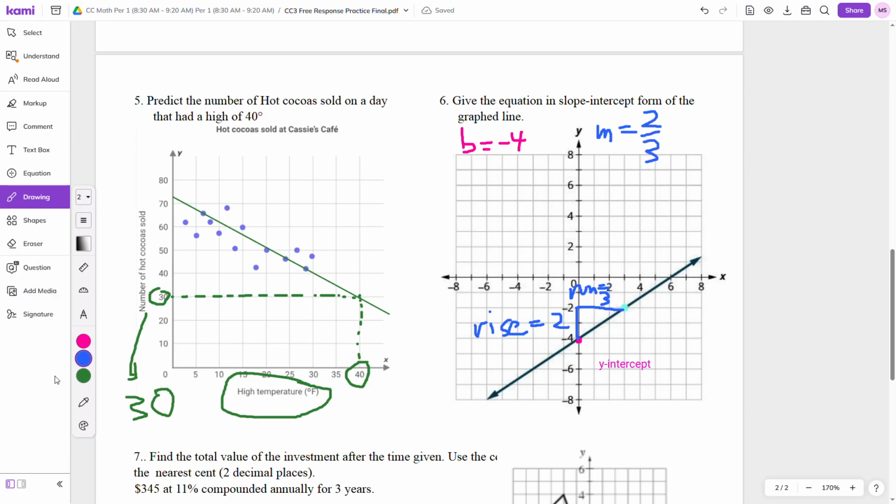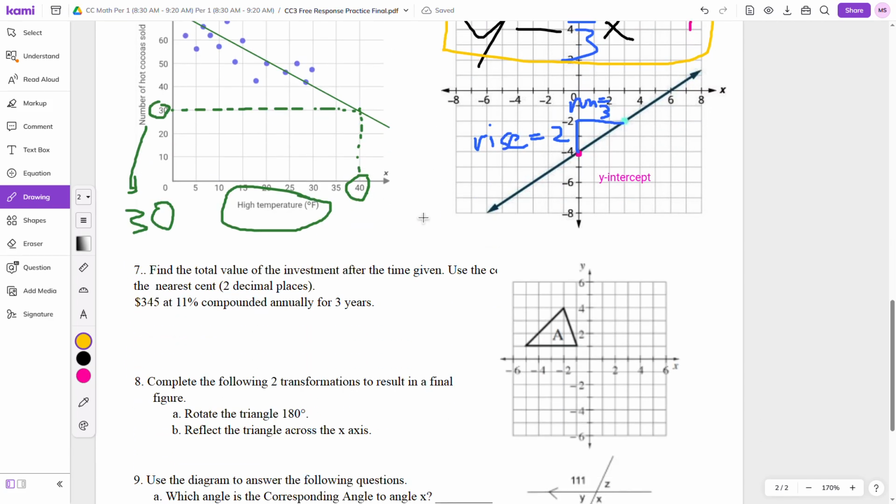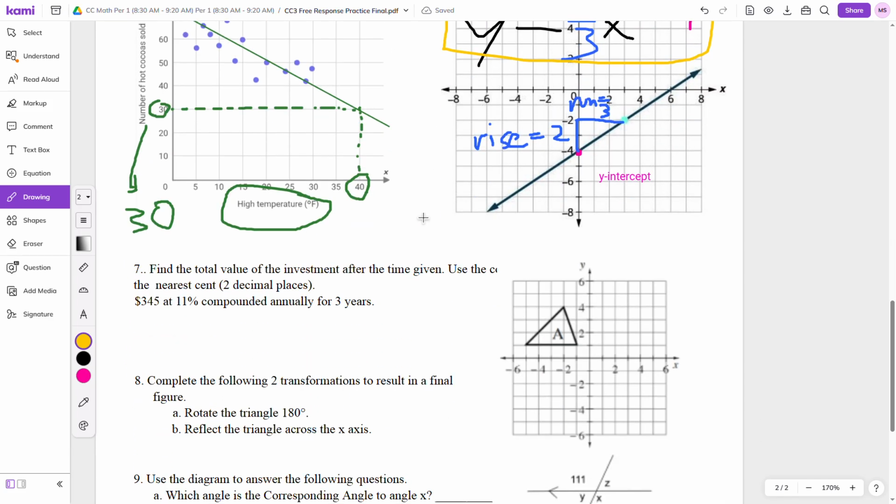And so I can use that to make the equation of the line. So y equals mx plus b. m is going to be 2/3. And don't forget the x, a lot of people do. Plus b is going to be -4. And that is it. That is the equation.